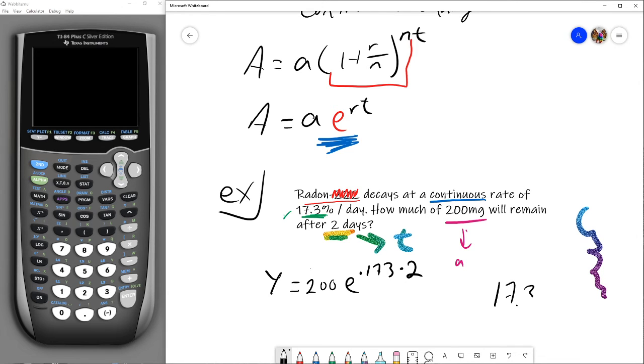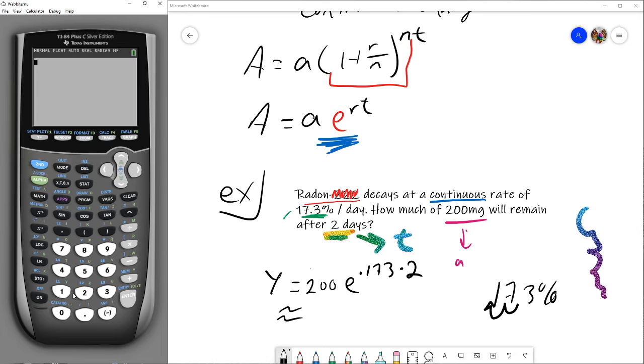We have 17.3%, and don't forget that the decimal goes back 2 places because it's a percent. So now let's calculate this value: 200 times e to the 0.173 times 2.